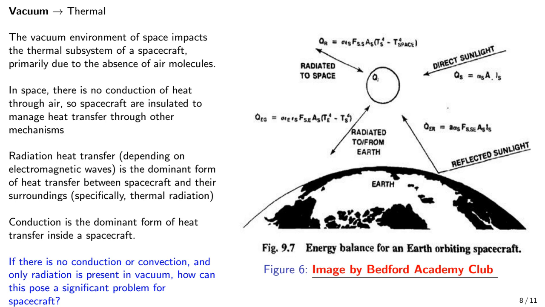Just this to think about. If there is no conduction or convection and only radiation is present in your vacuum, how can this pose a significant problem for spacecraft? I'm just thinking out loud. Suppose you don't have conduction or convection and you've only got radiation in your vacuum. What's the problem that can cause to your spacecraft?